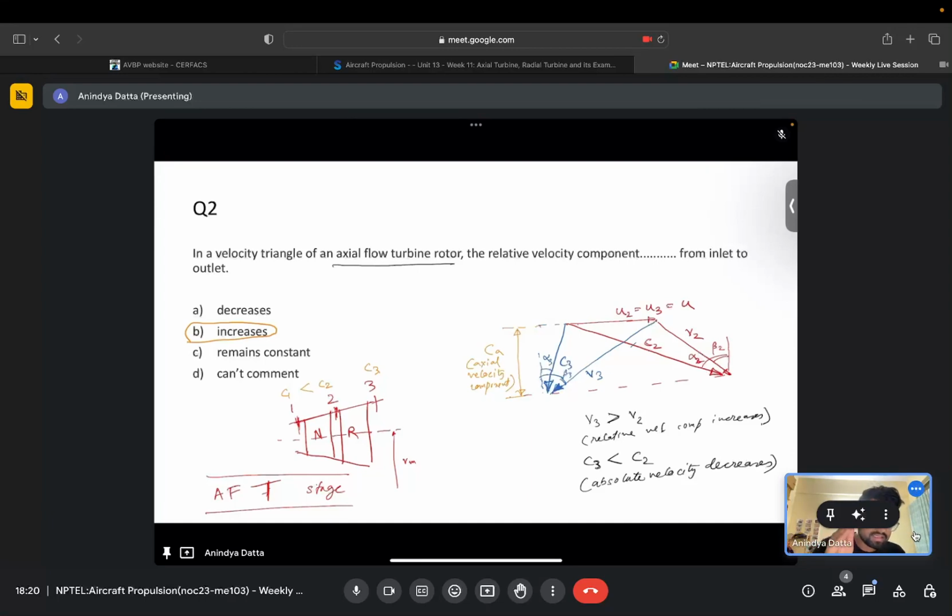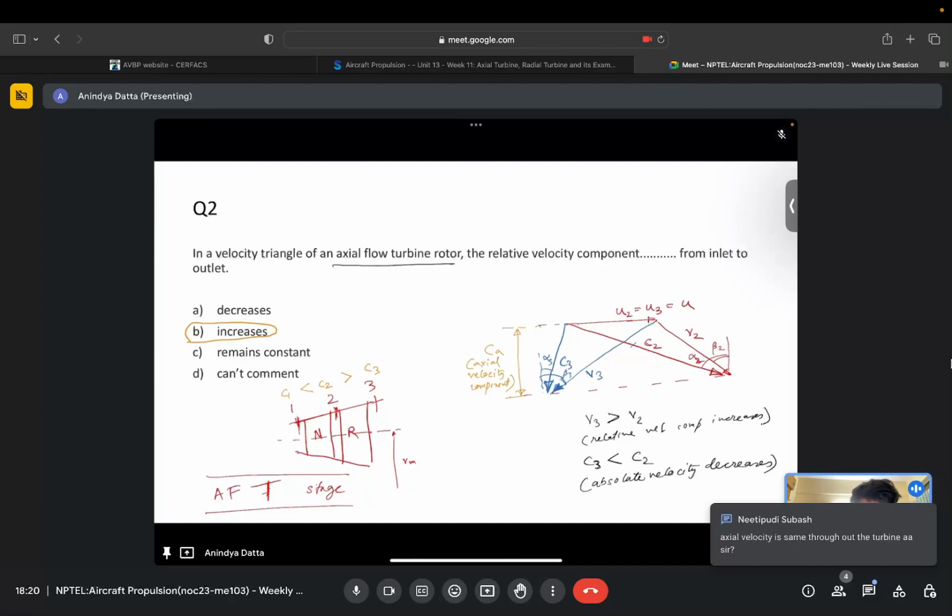The stator blades are the nozzles, so nozzles have blades which are stationary. When the flow goes through it, the absolute flow velocity will increase, and then again in the rotor passage it will decrease. Okay, all right.